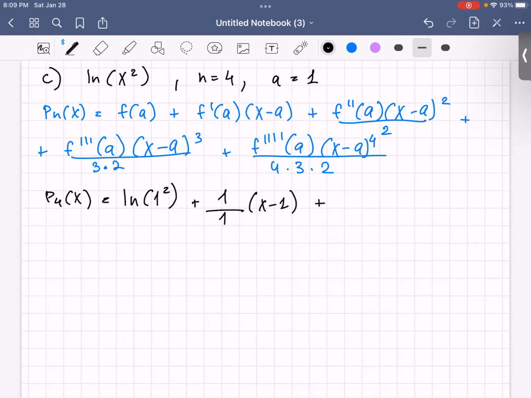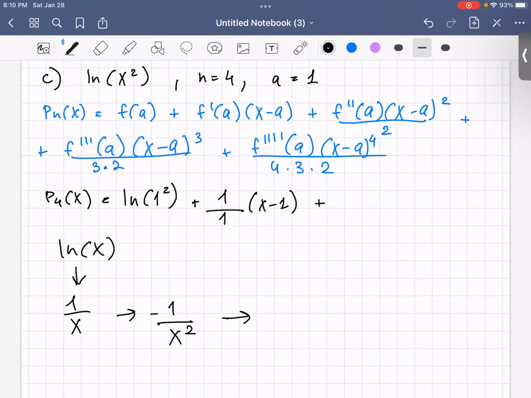So we had ln of x. First derivative is 1 over x. Second derivative is, if you differentiate 1 over x, you get minus 1 over x squared, right? And so this is first derivative, second derivative.